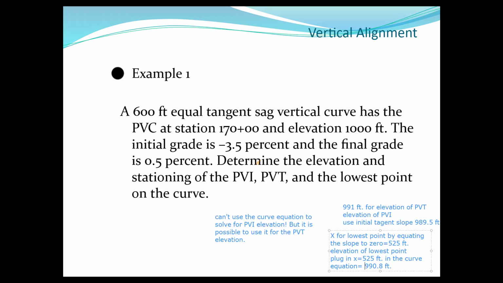And if somebody else got a different number, please let me know, because I'm not exactly sure what the number is going to be, but it should be in that ballpark, because this should be the lowest point, and then we start going up from there. But you get that by plugging in 525 feet over here. Anybody can make mistakes. So if you're getting a different number, please let me know.